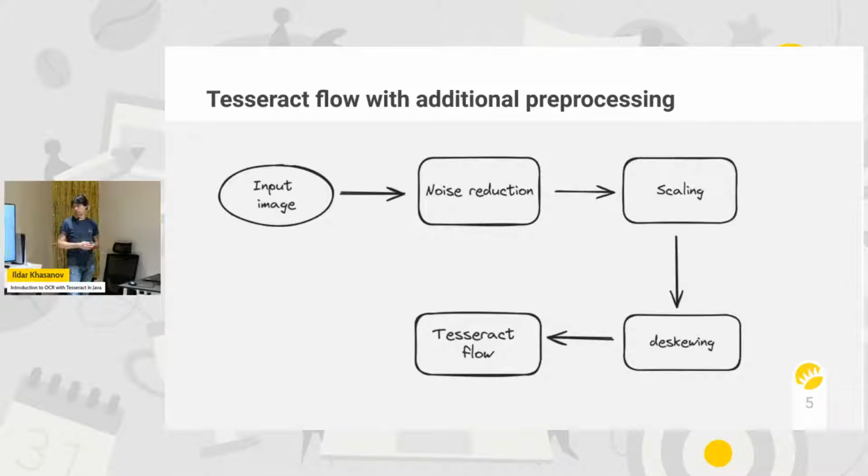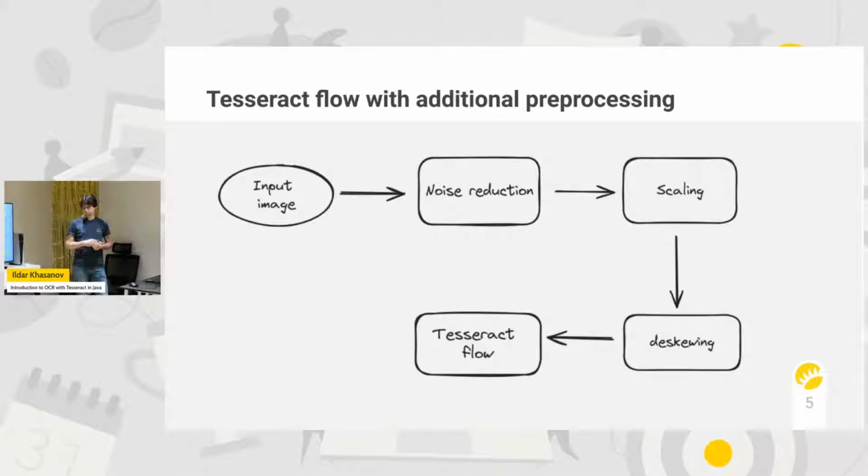And after that, usually our scans and photos are not oriented perfectly. They have some skew, and we will use a dedicated function for the deskewing. I'll also show how you can write your own function to do more customized deskewing using OpenCV.